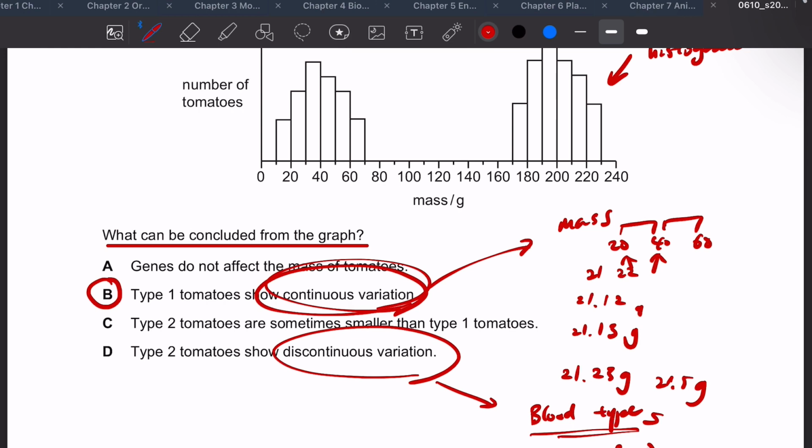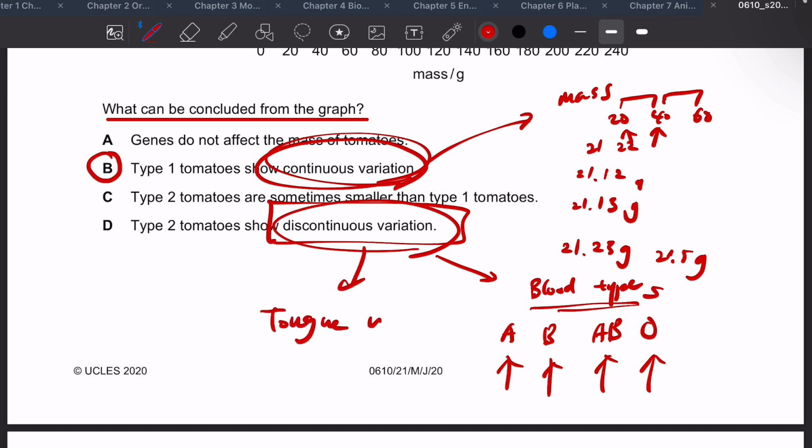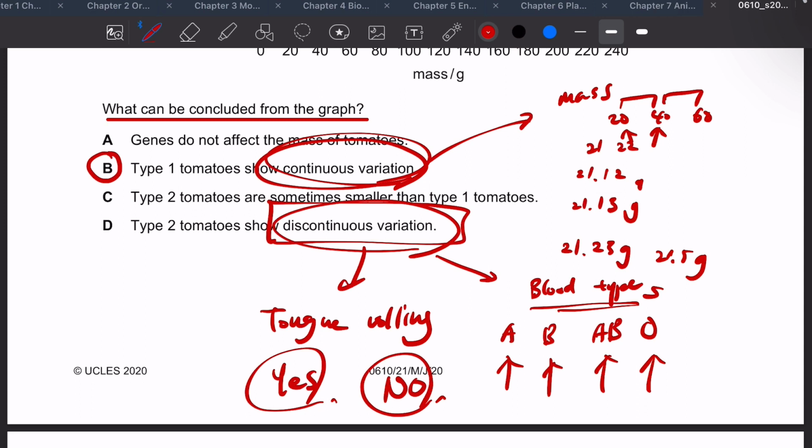There's no such thing as in-between types. There are only discrete blood types, and they are called discontinuous variation, like tongue rolling as well. For tongue rolling, you either can roll your tongue, or you cannot. There's no such thing as intermediate between yes and no in terms of tongue rolling.